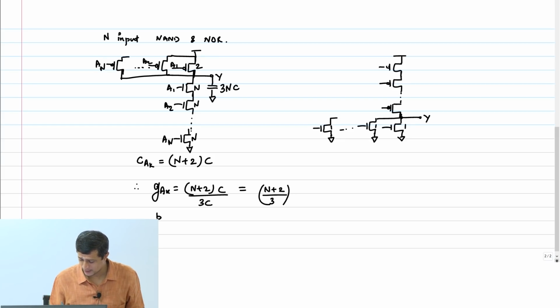By the way, what is the parasitic effort here on the NAND? It is 3NC divided by 3C, which is equal to N.